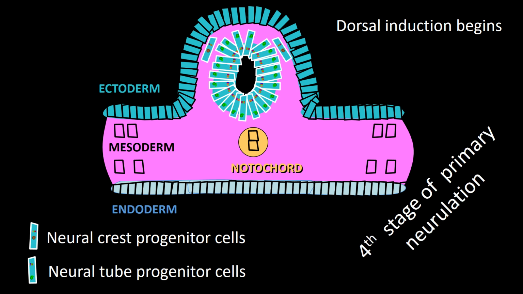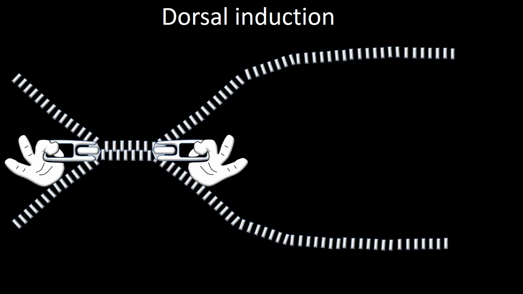This fusion is considered the beginning of the fourth stage of primary neurulation. The advance of fusion of the neural axis has been compared to the closing of a zipper, but it is not as simple as that.